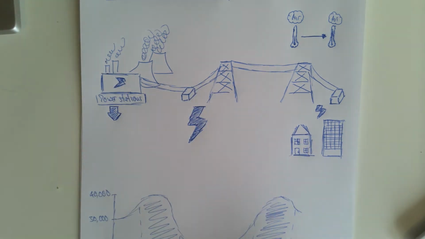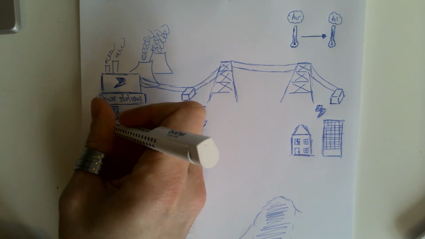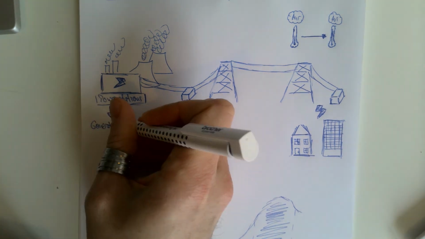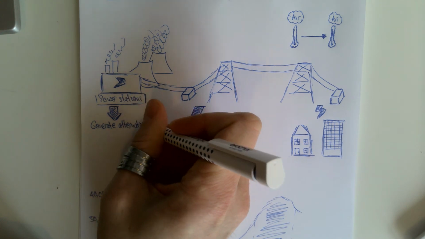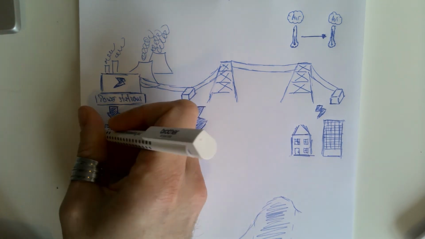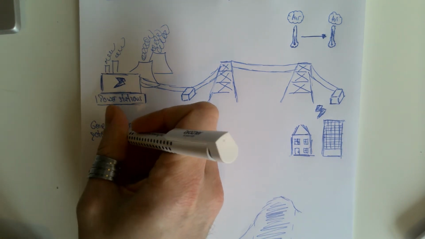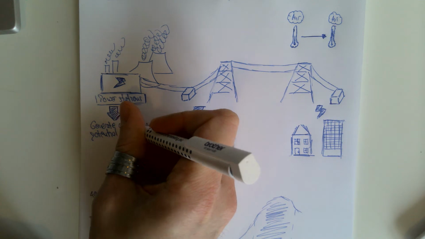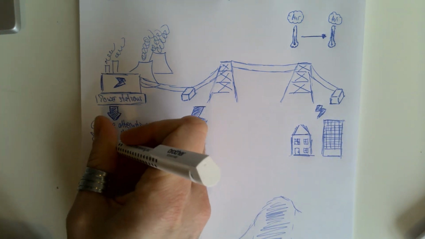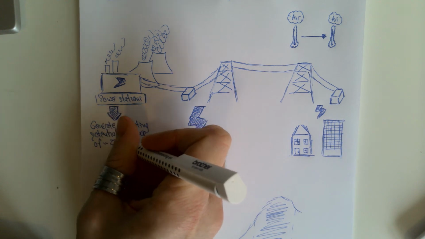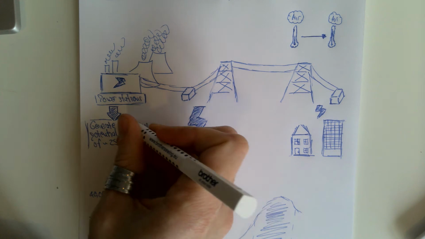Power stations can generate alternating potential difference of around 25,000 volts. Okay, so if we make a little note of that in our diagram.